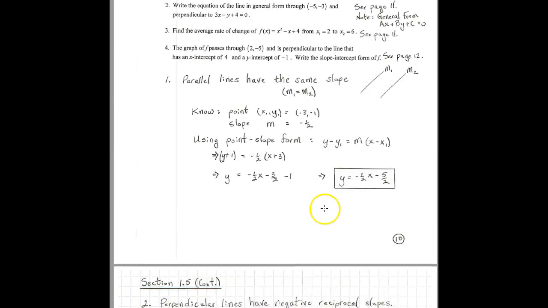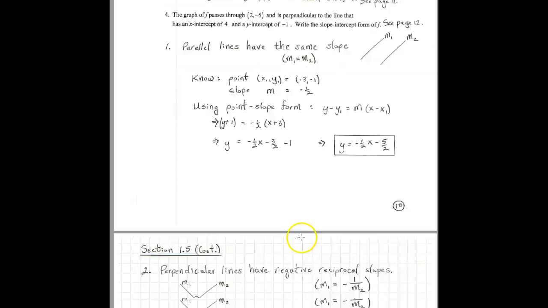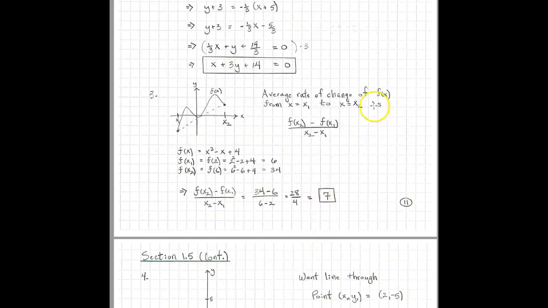The third example was to find the average rate of change of a function between two values of x: x1 is 2 and x2 is 6. You have to know what it means to have the average rate of change of a function. It's really a definition. It means, on average, what is the slope if I connected the dots between the two points on the function I'm interested in?